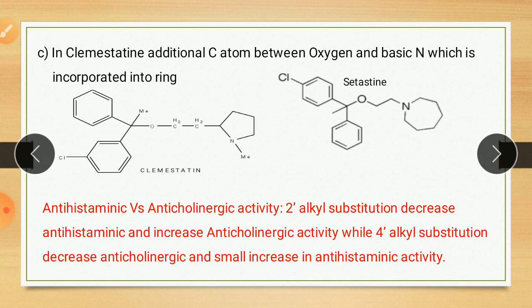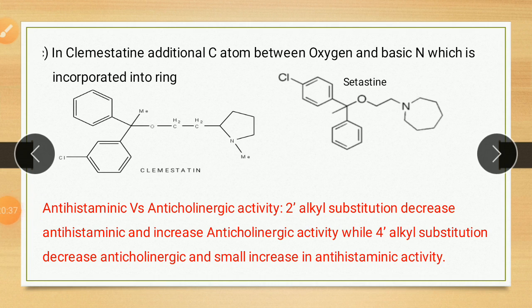While if we put a substituent at the 4' position, then the anticholinergic activity decreases and antihistaminic activity increases. So in short, if we put an alkyl substituent at the 2' position, antihistaminic activity decreases and anticholinergic activity increases. When we put a substituent at the 4' position, anticholinergic activity decreases and antihistaminic activity increases. So it is the antihistaminic versus anticholinergic activity.